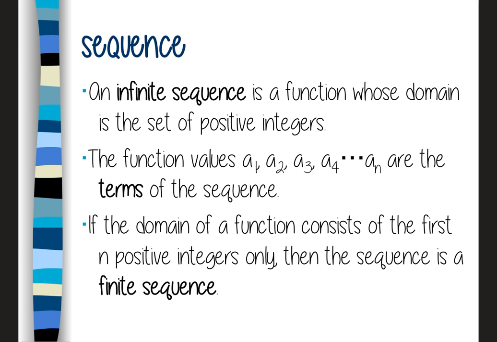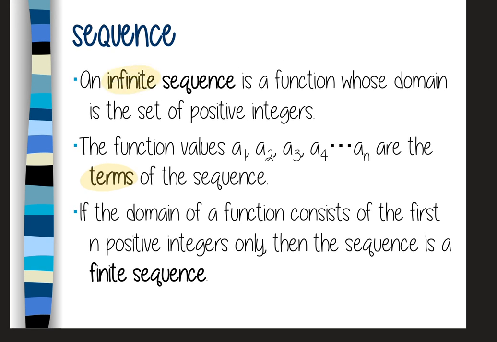A2 is the term in the second spot. A3 is the term in the third spot. You won't see something that says A-1. So that's what it means by positive integers. It actually could be A0, which we'll get to in a little bit, but you won't go negative. Those numbers are called the terms of the sequence. Again, remember infinite would go on forever.